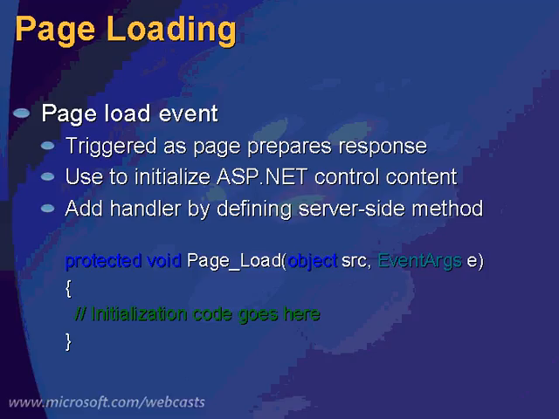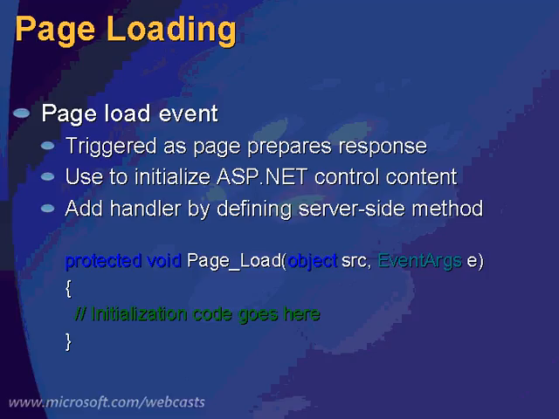There's a sequence of events that happen so you can figure out where you want to plug in your code for generating dynamic content. The event sequence goes something like this: there's a pre-init, an init, an init complete, a preload, a load, which is what you're looking at right now, a load complete, a pre-render, a render, and then an unload.